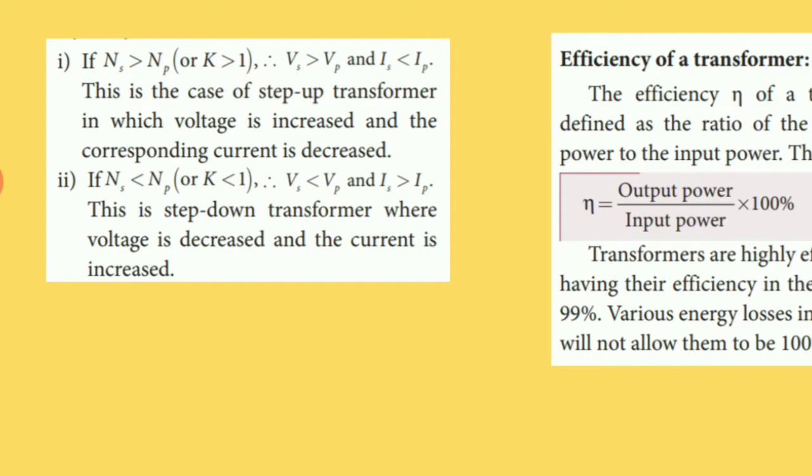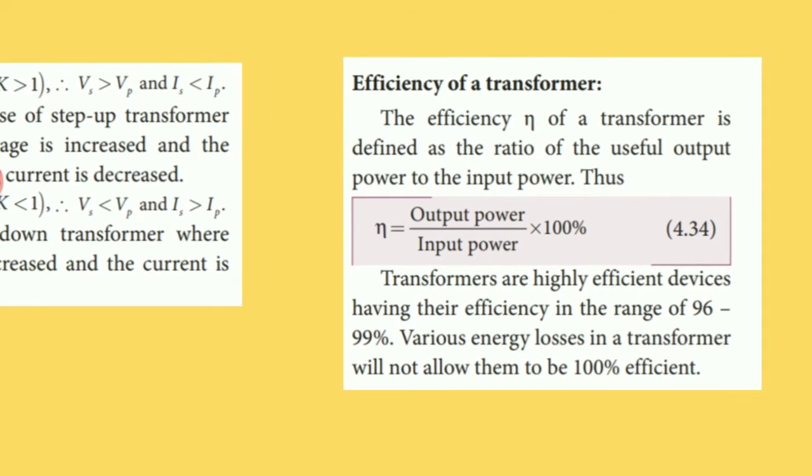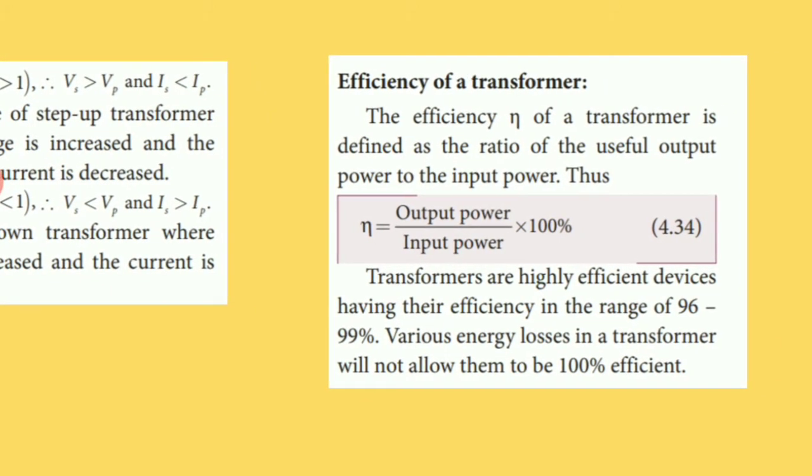Case 2: if Ns is less than Np, or K less than 1, since Vs is less than Vp and Is is greater than Ip, this is a step-down transformer, where voltage is decreased and the current is increased.